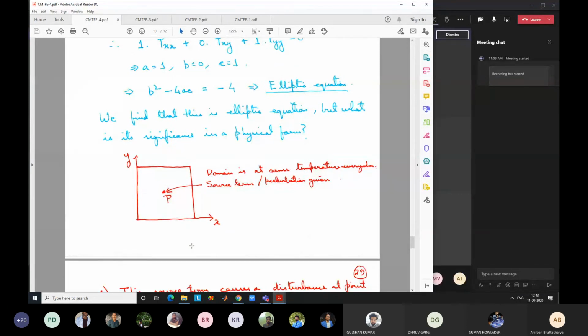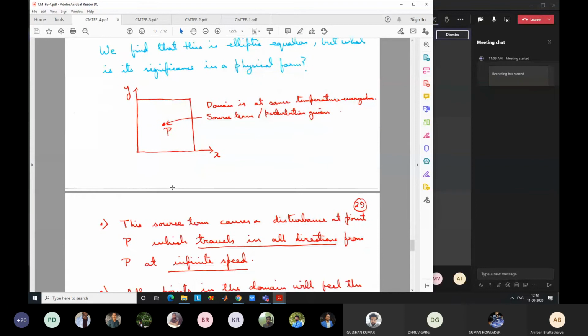If we introduce a perturbation, or a source term, or some temperature difference, some disturbance at any arbitrary location within the domain, say any location P, we just put some heat source or some other temperature.